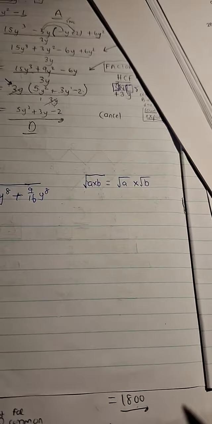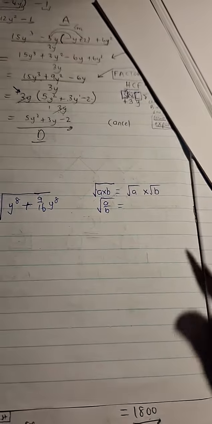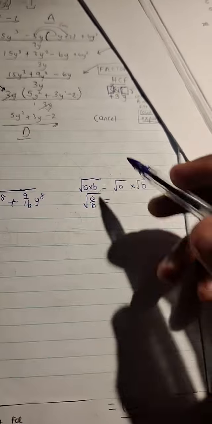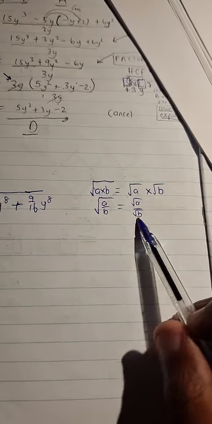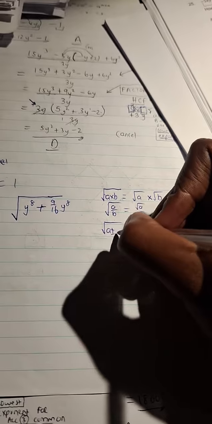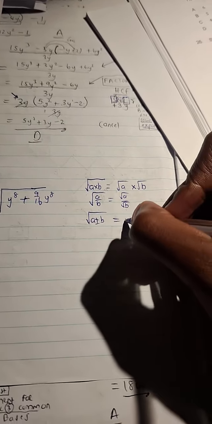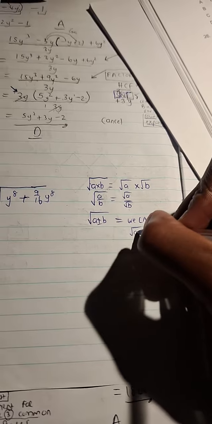You can separate the bases by taking the square root of each if there's a multiplication sign. Also, if there is a division sign between two bases, you can separate and split the square root. But the minute, guys, we have an addition or a subtraction sign, we cannot do this.